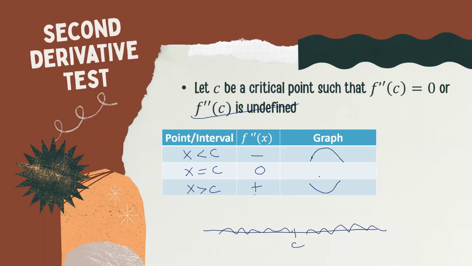So kapag ganito, ibig sabihin, meron kang point of inflection. So here, kapag meron kang transition ng concavity from concave downward, naging concave upward, or vice versa, pwede namang positive muna bago negative. As long as magkaiba yung sign nung nasa taas baba niya, your graph has a point of inflection.